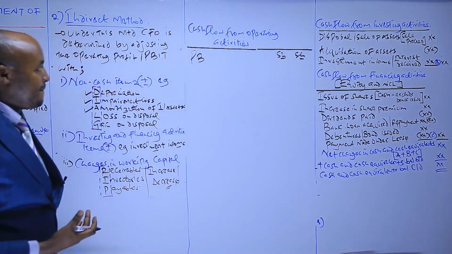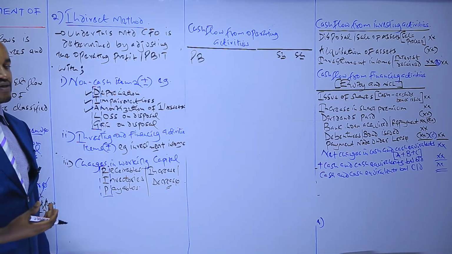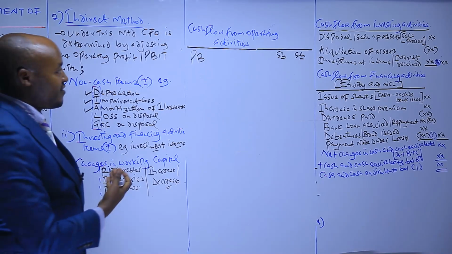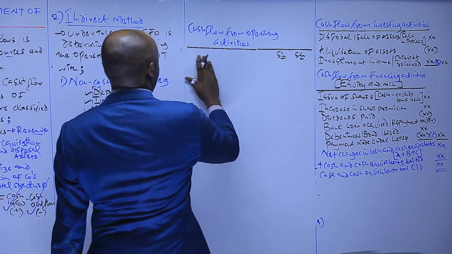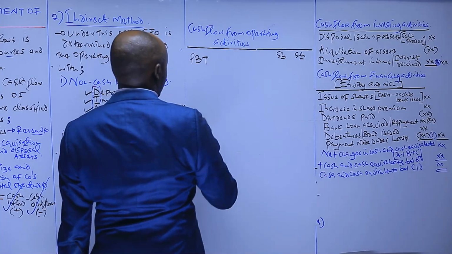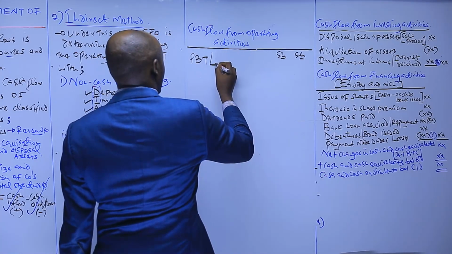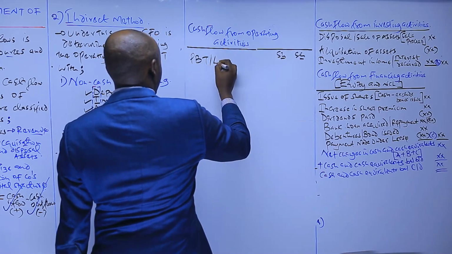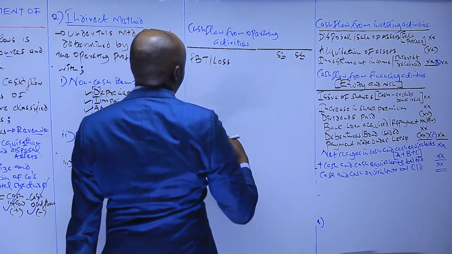But in most of these questions for cash flows, the examiner will not have given you the profit before interest and tax. What you have been given is the profit before tax. So what we start with here is the profit before tax. There are some cases where you can be given loss before tax, as a company may have reported a loss.